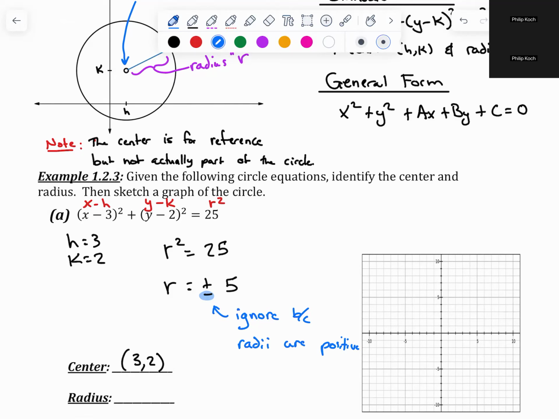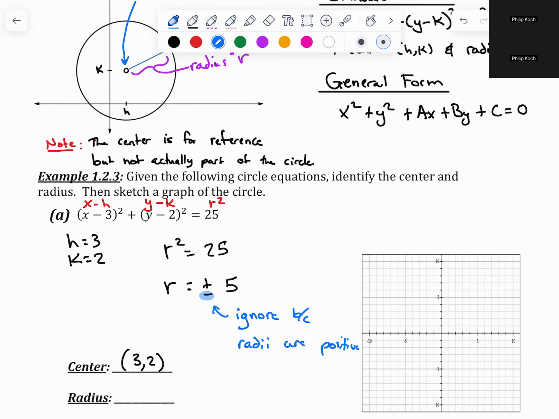You can't have a negative radius. I mean, you can in a weird way when it comes to polar coordinates, which is something you'll talk about in Math 127. There are cases where that works, but in the context we are given, we're talking about real life circles. Circles have positive radii.